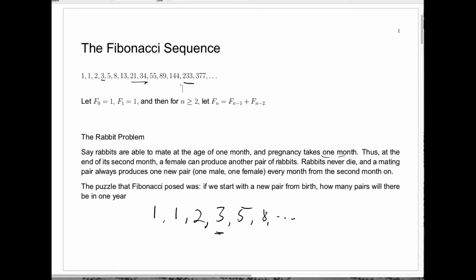He was just called Leonardo of Pisa. He wrote this book, and the Fibonacci sequence is just one small side mention in this book. The book contained a lot of great mathematics that he had mostly collected. He didn't produce a lot of original mathematics, though this sequence and the problem are attributed to him.